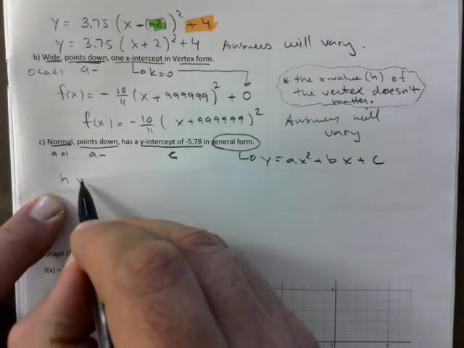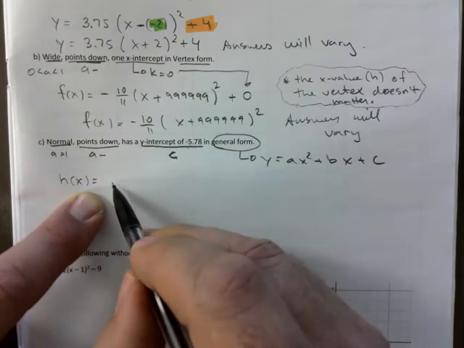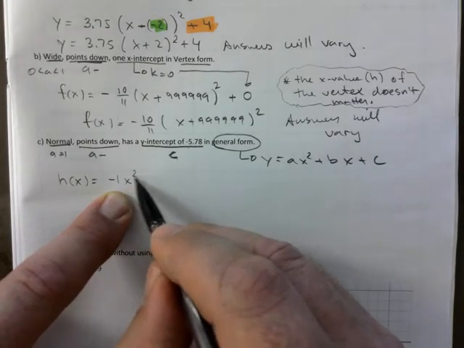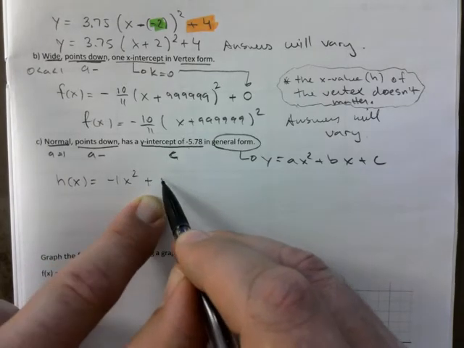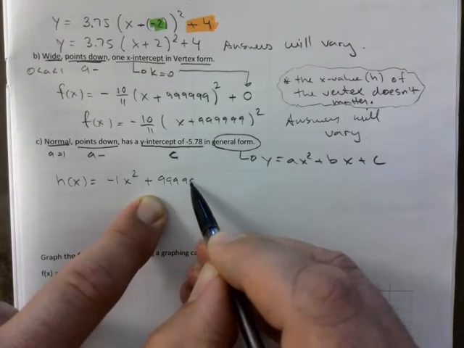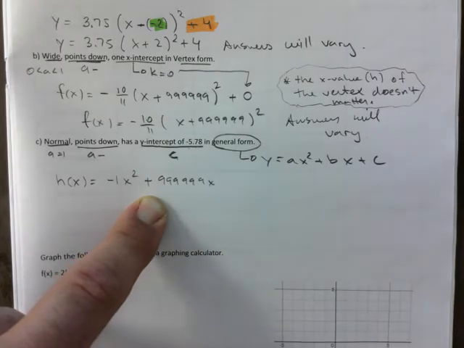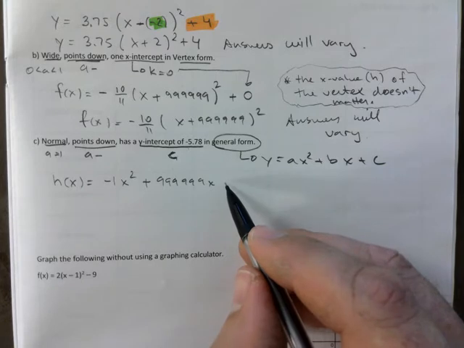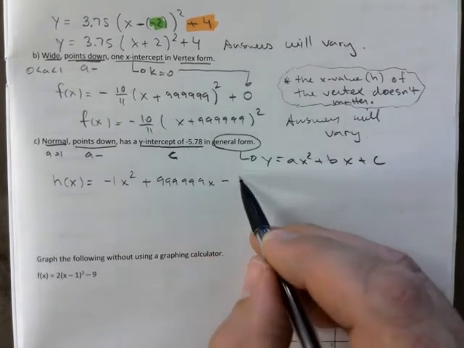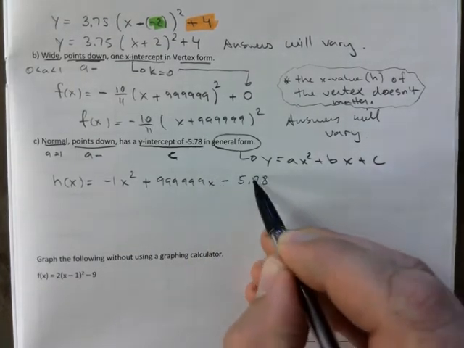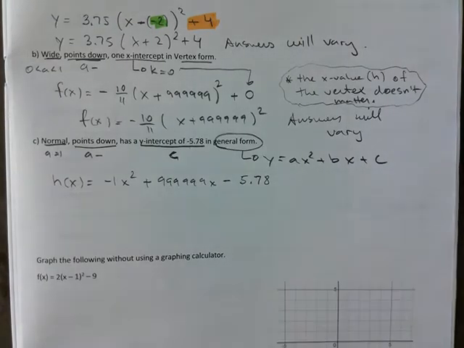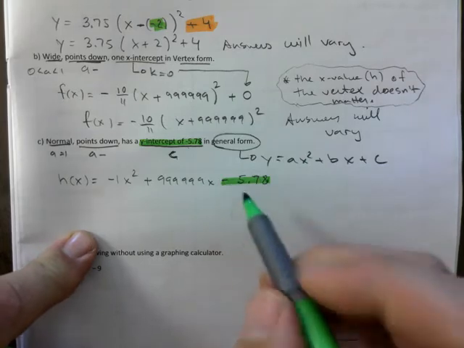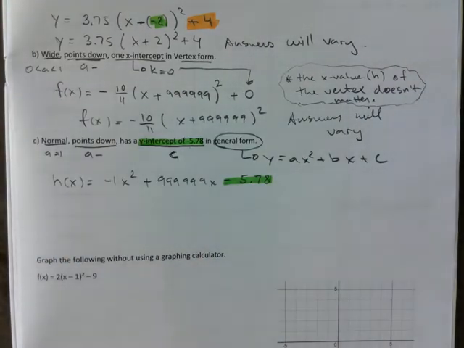Let's go h of x is just -1 x squared. B doesn't matter. Let's make it ridiculous, okay? It could be absent, you can just omit it, but you got to make sure that you have that c value at the end, tacked on there.